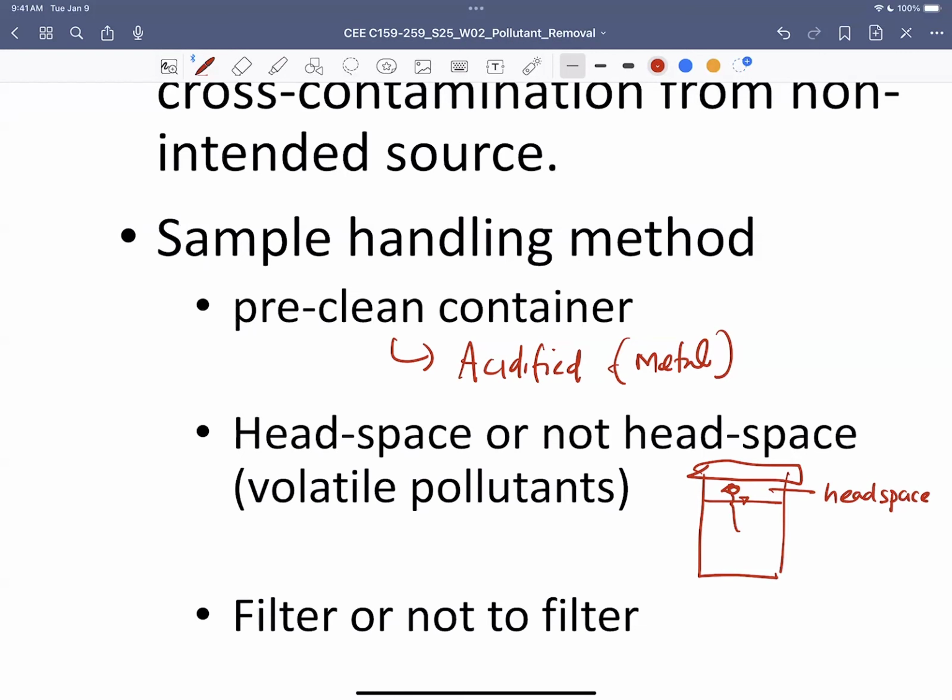So when you take samples for volatile pollutants, you have to completely submerge the container inside the water and cap it inside, so that there is no headspace remaining. That will prevent volatile pollutants from escaping into the air.